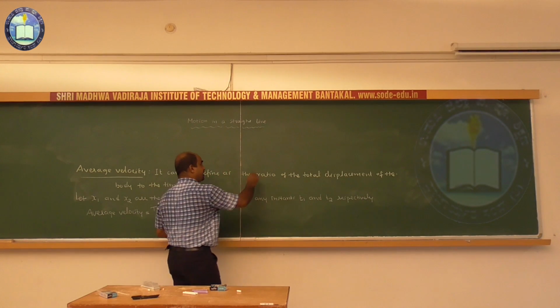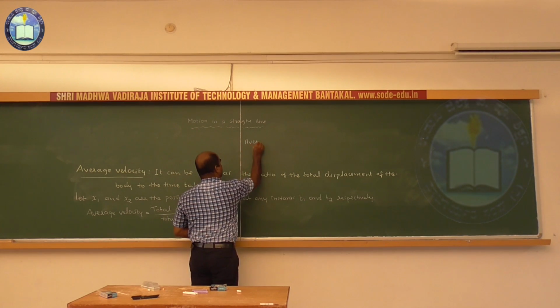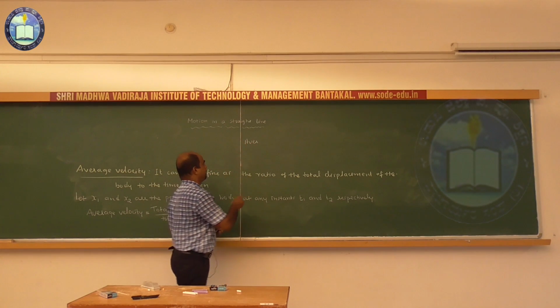Remember, students, in our NCERT book, average velocity is represented by putting a bar over the v.